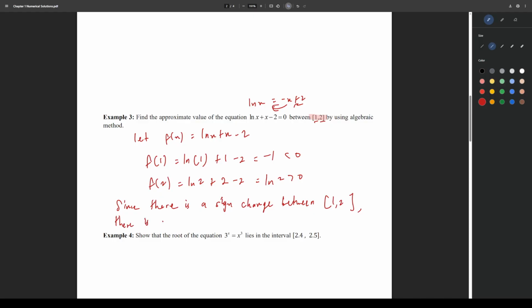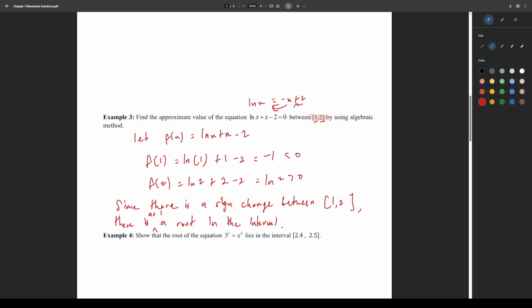There is a root in the interval. Okay, itu je. Very simple, senang algebraic method. Just ambil dua value, masukkan, dapat satu positif, satu negatif. Maksudnya ada at least satu root lah. At least there is at least a root.